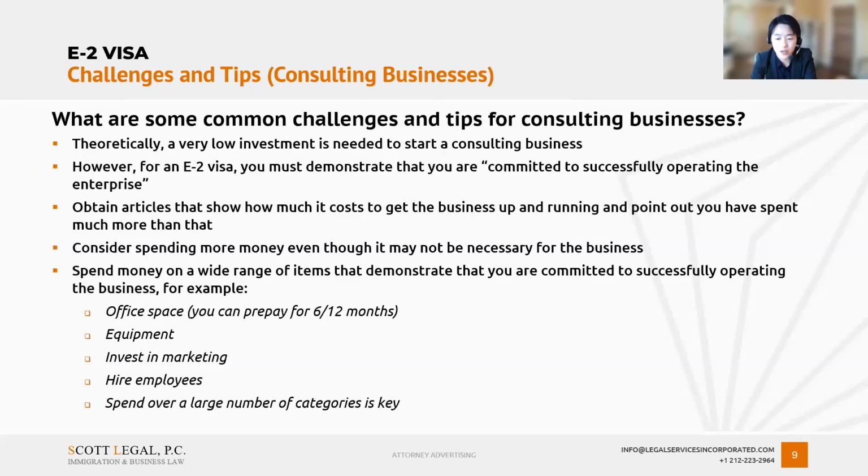So that's one strategy that a lot of our clients have used. And I also mentioned equipment. If you foresee that you will be needing more equipment in the future, you can go ahead and buy it in advance. In that way, you would be increasing the amount of investment you are making upfront.